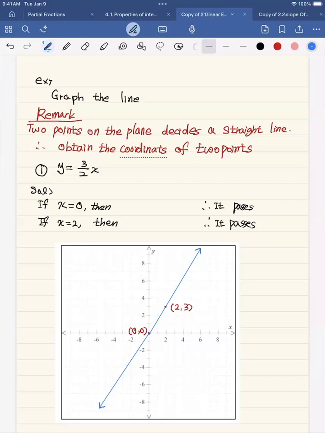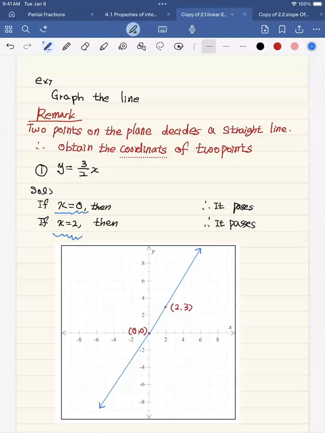You can choose any points to get the coordinates. I would choose x equals 0 and 2. That's simply because when you have 0, the equation becomes simpler. That's the reason I chose x equals 0. And I chose 2 because by plugging in 2, I can remove the denominator.